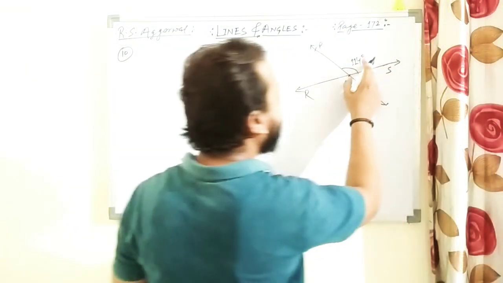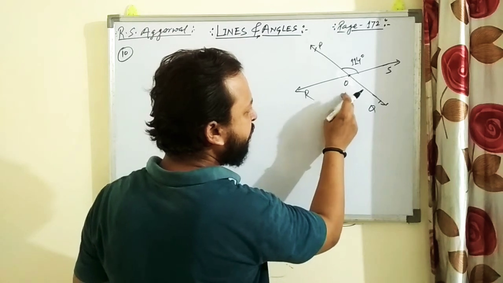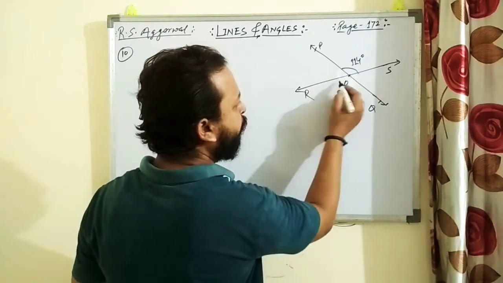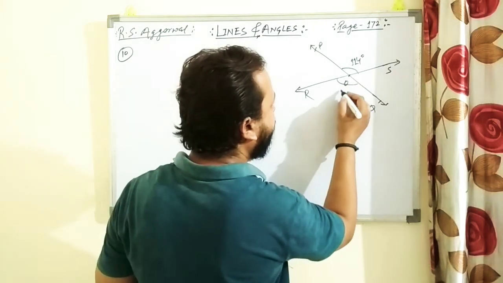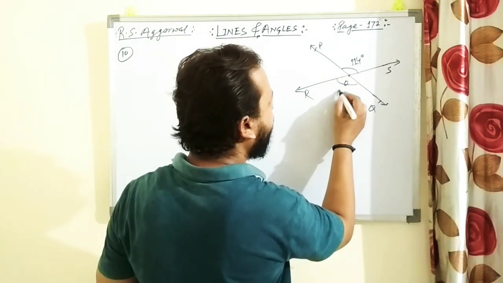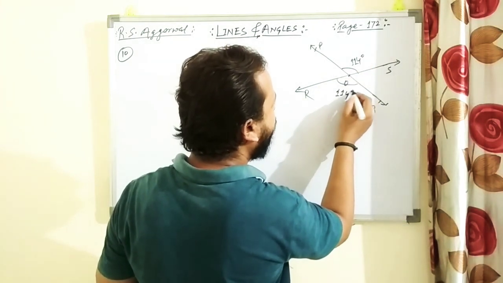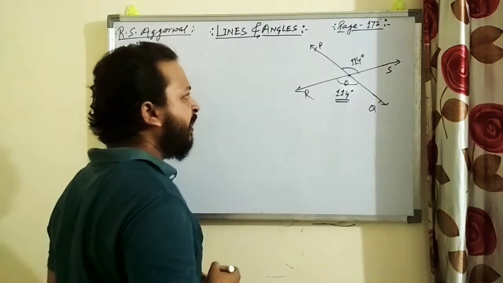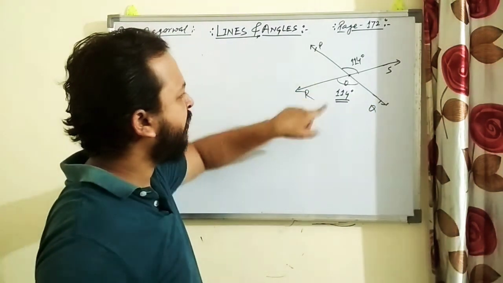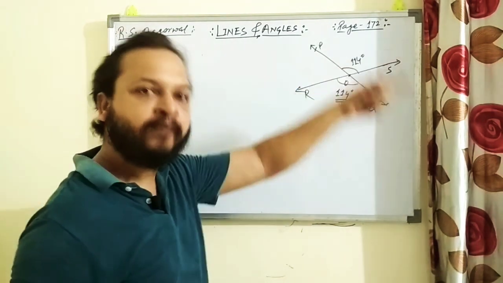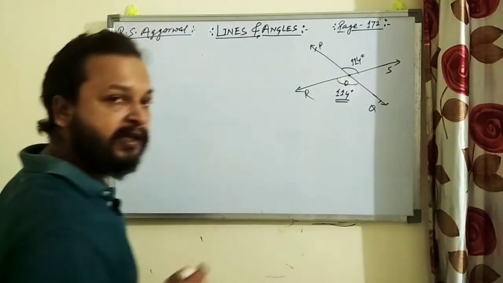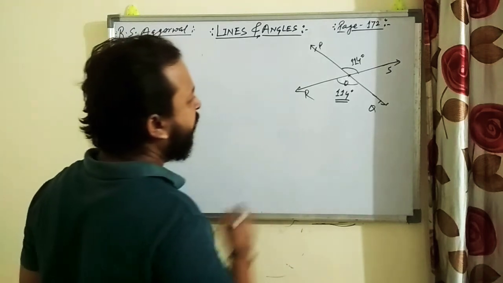If this angle is 114 degrees, the vertically opposite angle is this, meaning ROQ, right? So if this is 114 degrees, this angle must be equal to 114 degrees. So just write that angle ROQ is equal to angle POS is equal to 114 degrees. Why? Because they are vertically opposite, right?